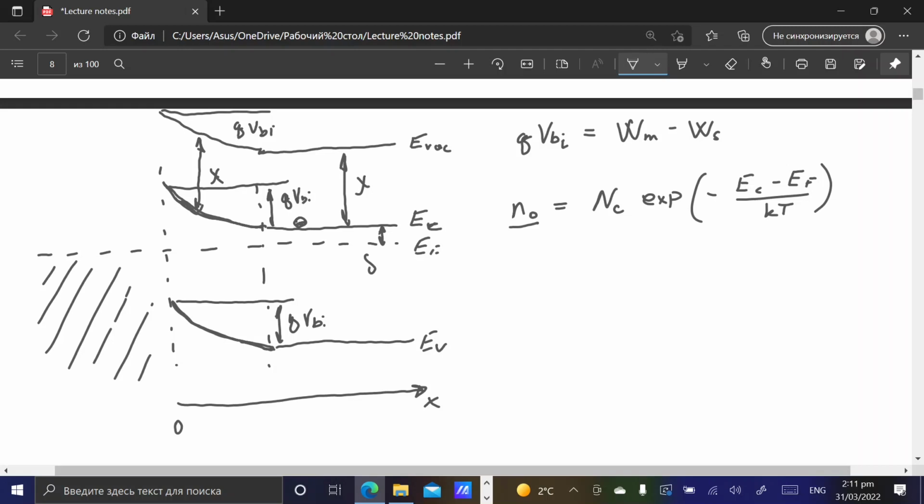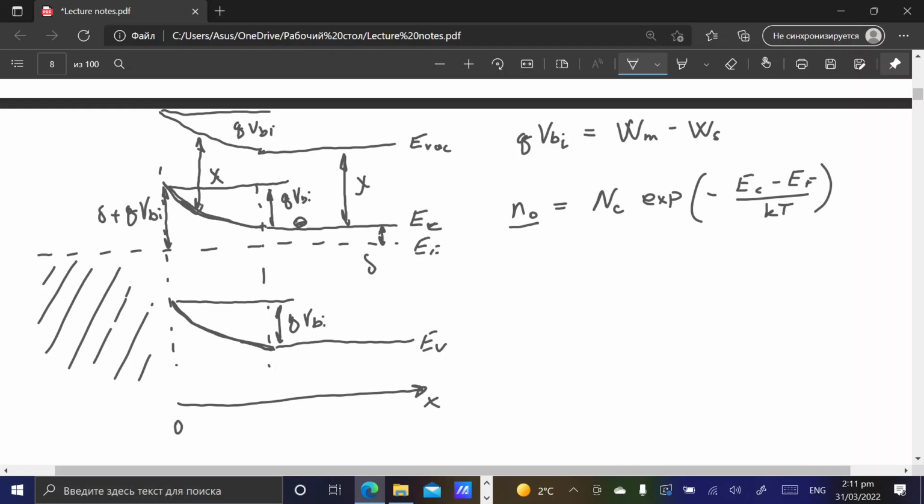And here at x equal to 0, it will be delta plus the height of the potential barrier, qVbi.